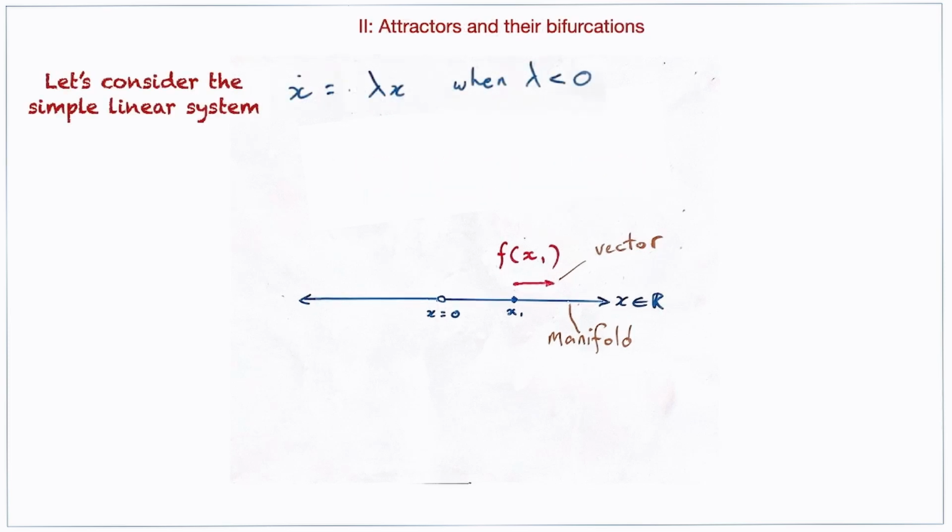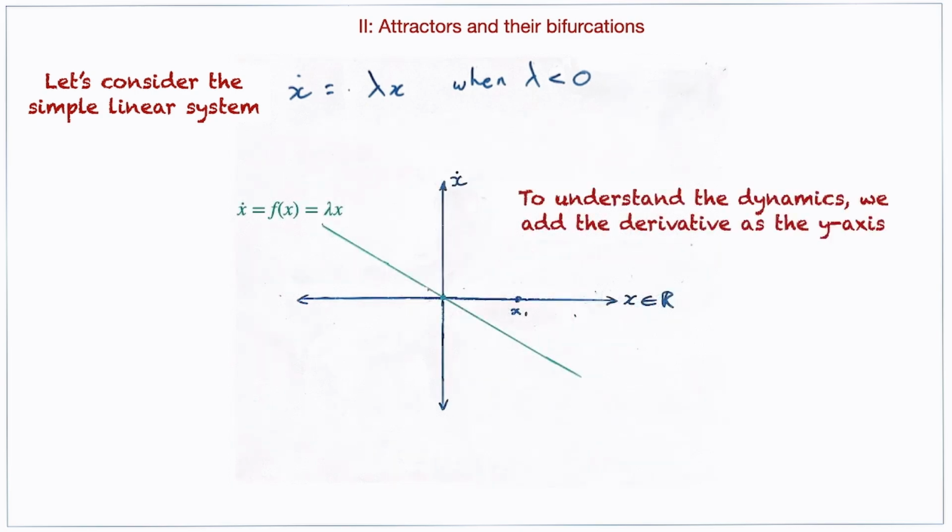I'm starting with the simplest possible dynamical system: x dot is lambda x, and I'm going to look at lambda less than 0. Just as Vic did, we must have been somehow in telepathic communication internationally. I put x on the x-axis and x dot on the y-axis, and that is just a straight line.